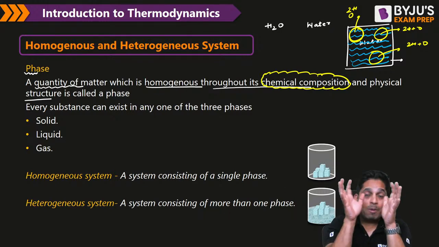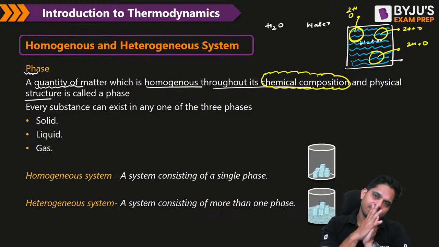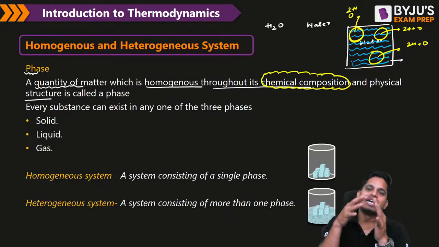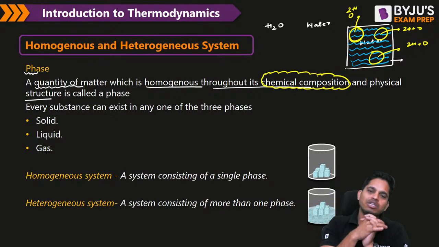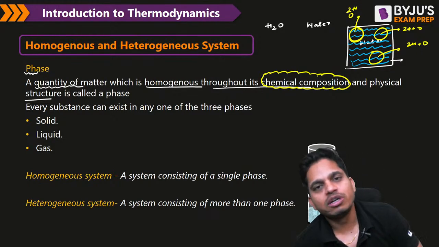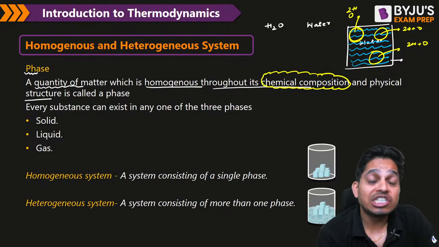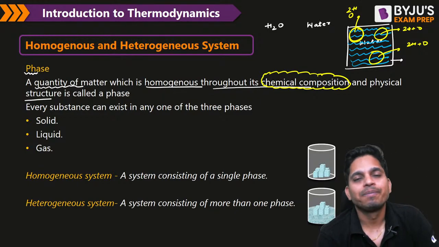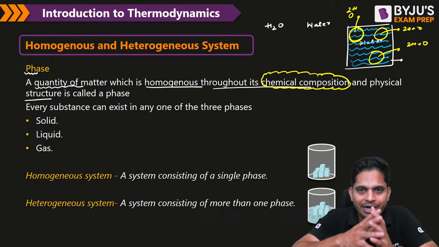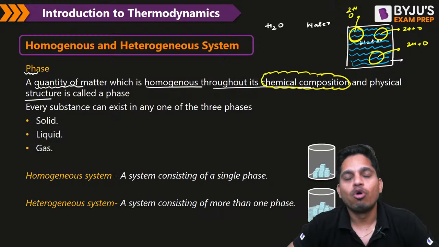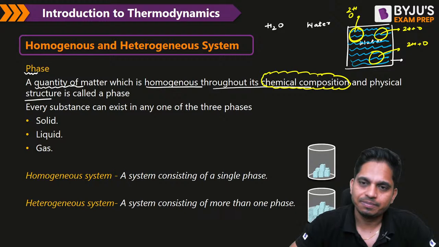But if you only talk about water, it will have a consistent physical structure: the molecular bonding, the intermolecular force, the distance between 2 molecules is almost same everywhere. You take any sample from anywhere, the physical bonding between molecules, intermolecular distance, intermolecular forces, it will be homogeneous anywhere.